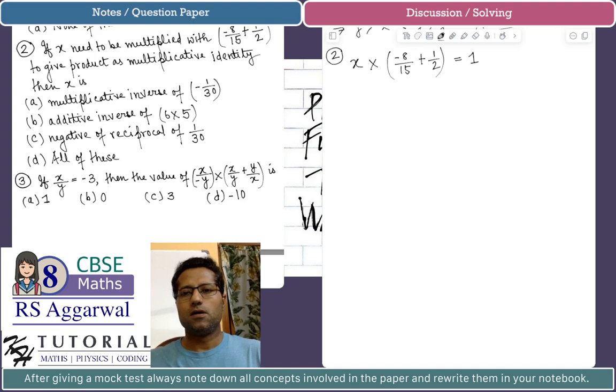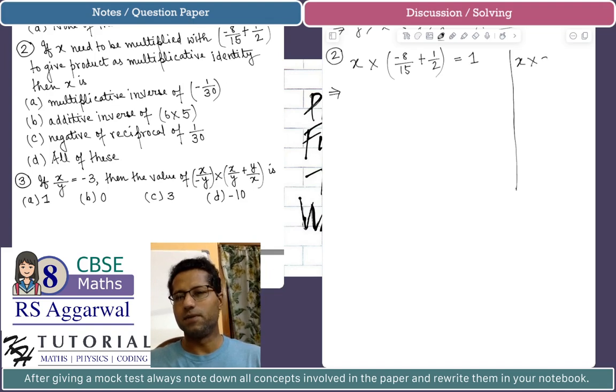Now, what will be x? We know this concept, and you must remember it: for any non-zero rational number x, the multiplicative inverse of x is denoted by x to the power minus 1, which is equal to 1 by x.